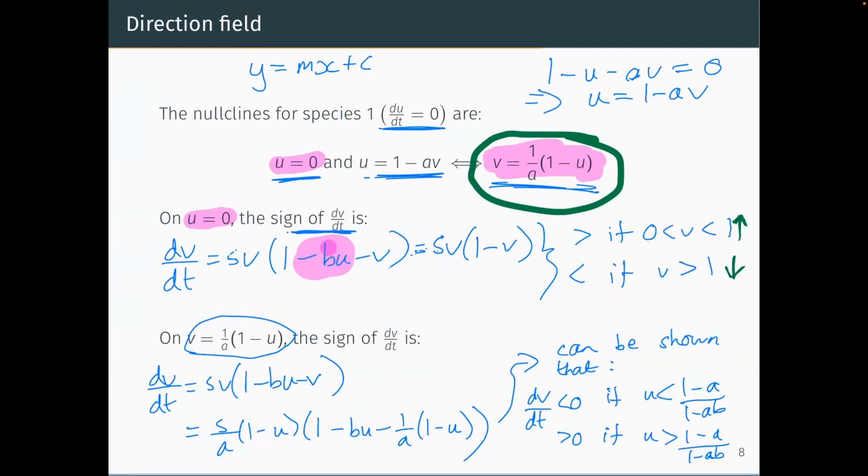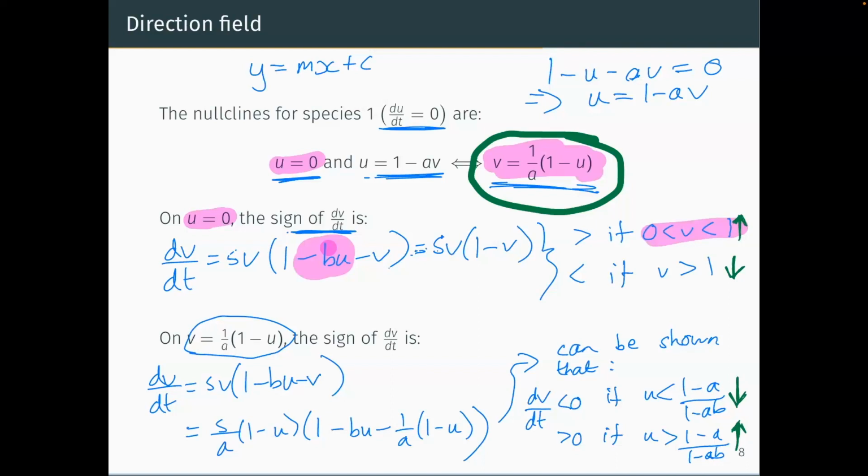So du dt equal to 0 means there's no change in u, and I'm just moving up or down. I've got these arrows here. Let's do the first nullcline, when u is equal to 0. When v is between 0 and 1, dv dt is positive, so we're going to move up.